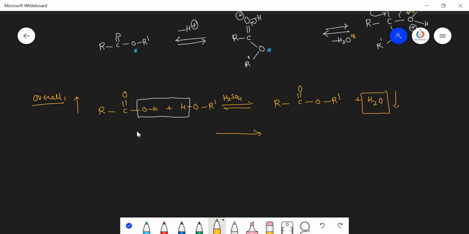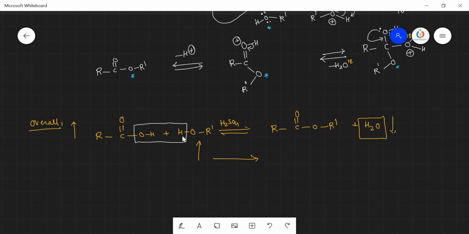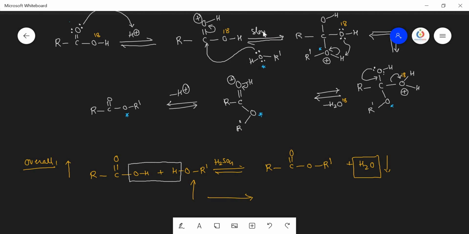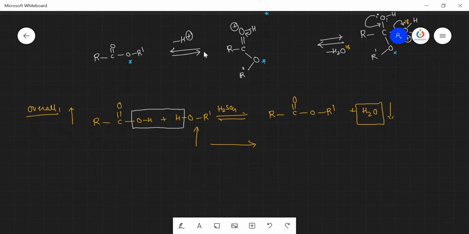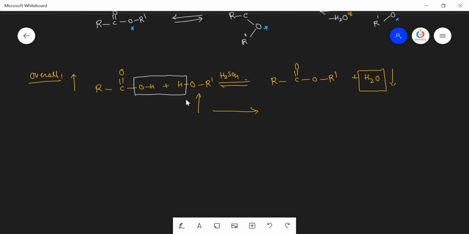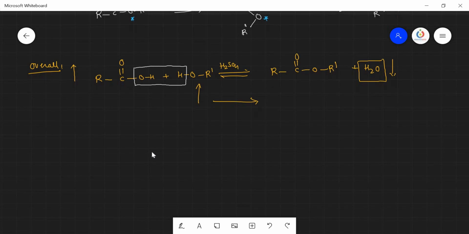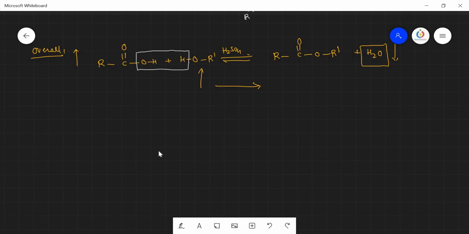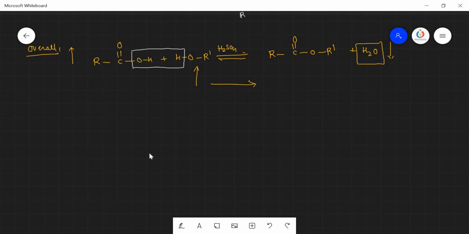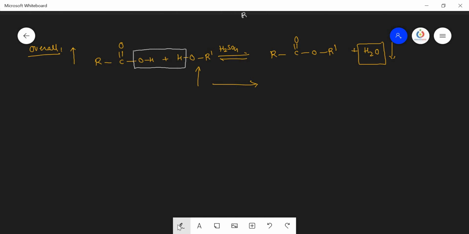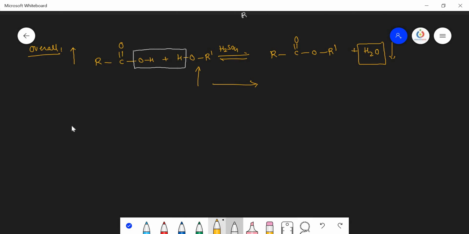Then on the reactant side, which reactant has to be increased? That is alcohol, because alcohol is the nucleophile that is involved in the rate determining, slow step. So the rate of this reaction depends on the concentration of the alcohol. Hence it is a pseudo unimolecular reaction. Esterification is called a pseudo unimolecular reaction, not a bimolecular reaction. So I'll write down the point here.